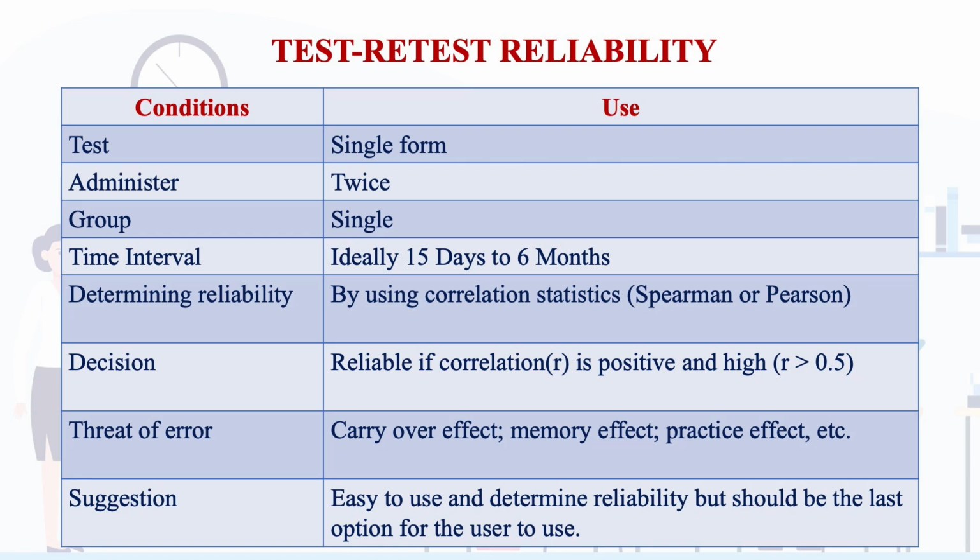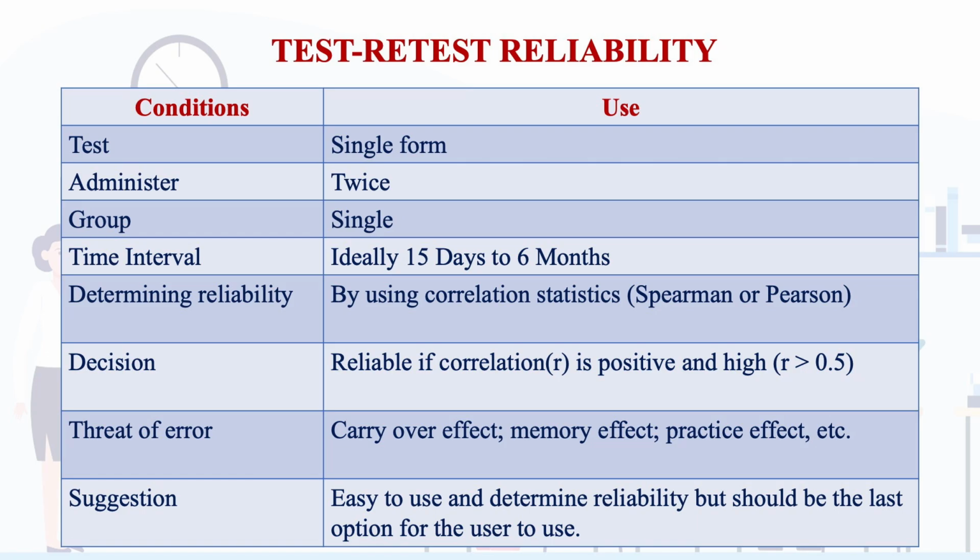The test will first be administered upon a group of learners, a group of students, and the same test will be administered upon that group after a gap of time. So administration will be twice and the group will be single. The group will not be changed.